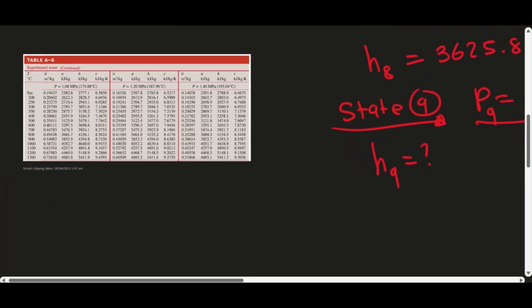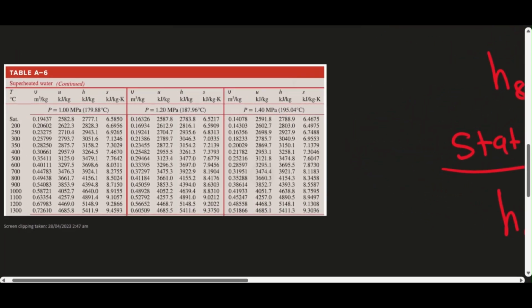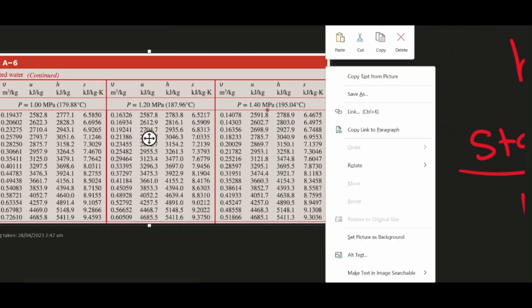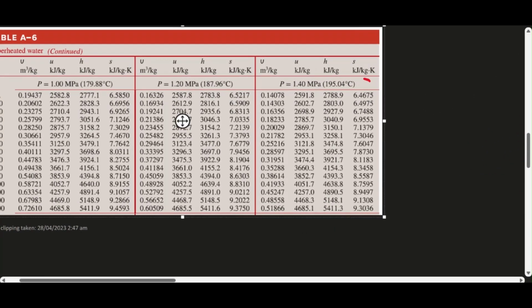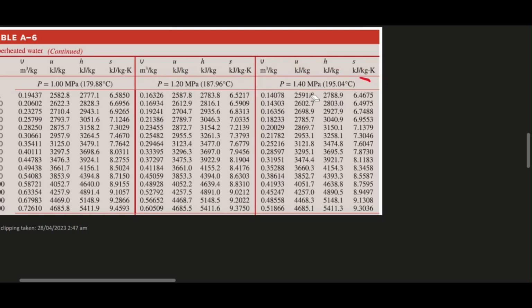That's exactly where we are going. So the superheated tables at a pressure of 1.3, which is supposed to be somewhere here.